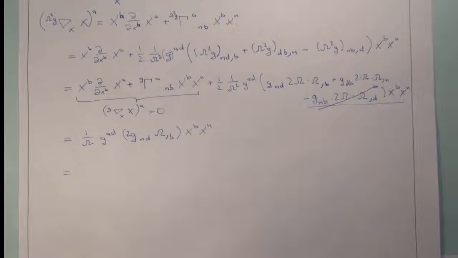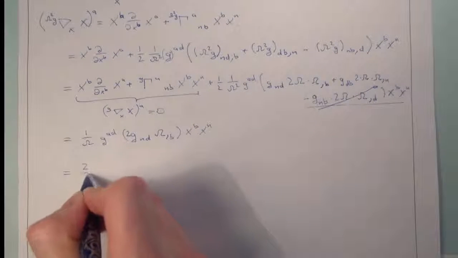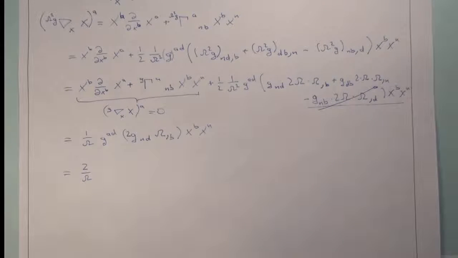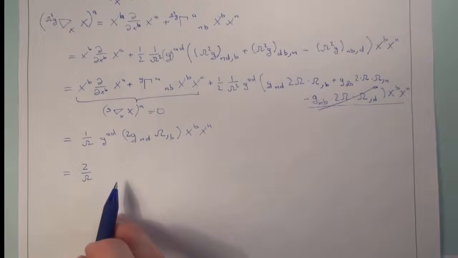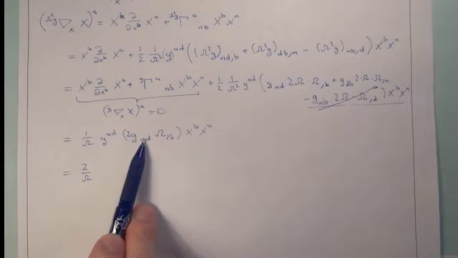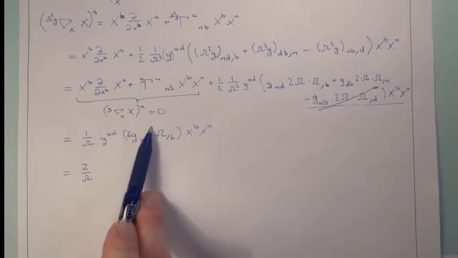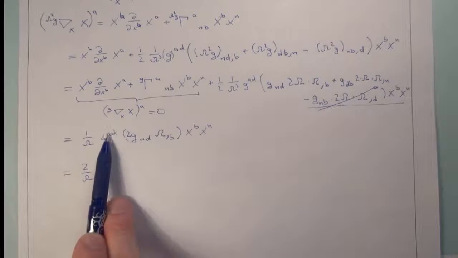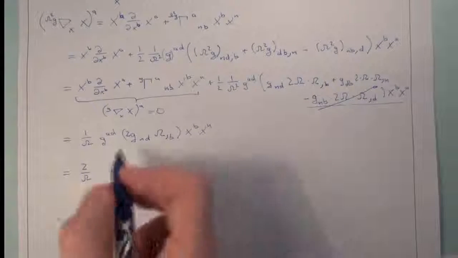So what's the next step? We can pull the 2 out. That means we stay with this one. And now, well, we could contract these 2 here. That means we sum over the D and get some Kronecker delta AN.